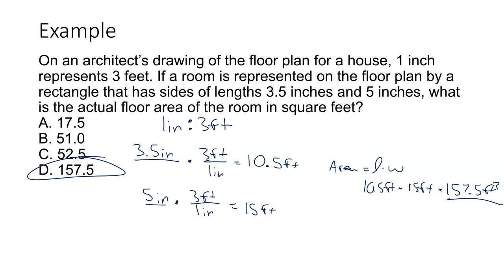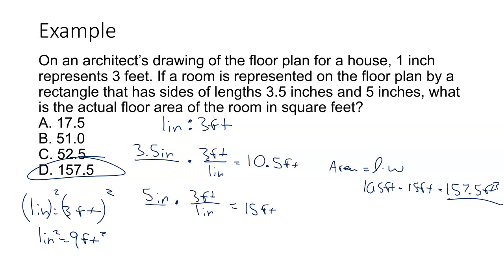Just like we did on the last one with the area, I had to convert my scale of centimeters to feet into centimeters squared to feet squared. I could do the same thing here if I converted my scale. If I have a 1 inch to 3 foot scale, in order to get area, I'd have to square it. 1 inch squared equals 9 feet squared.